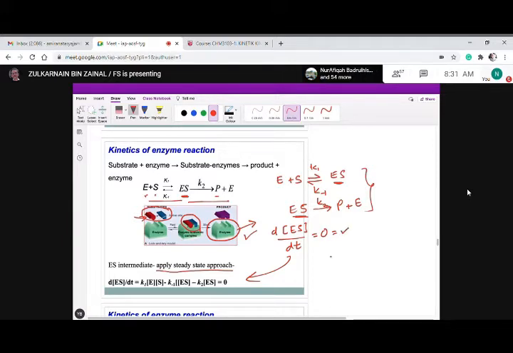Now, what happens is that, as I've shown you probably earlier, if you take this as the concentration of the intermediate, for example, and this is the time.